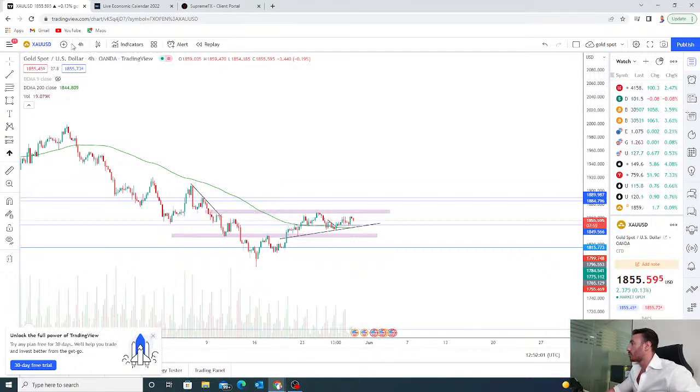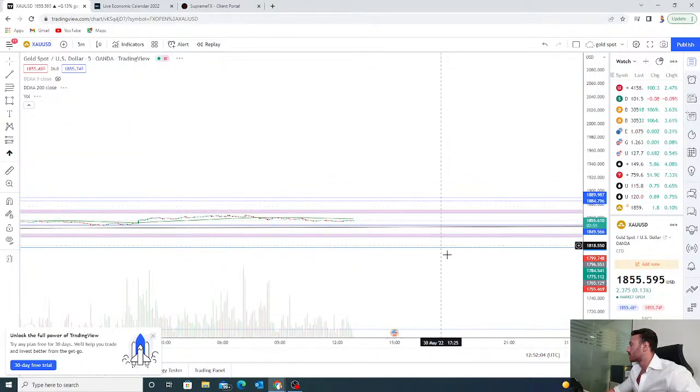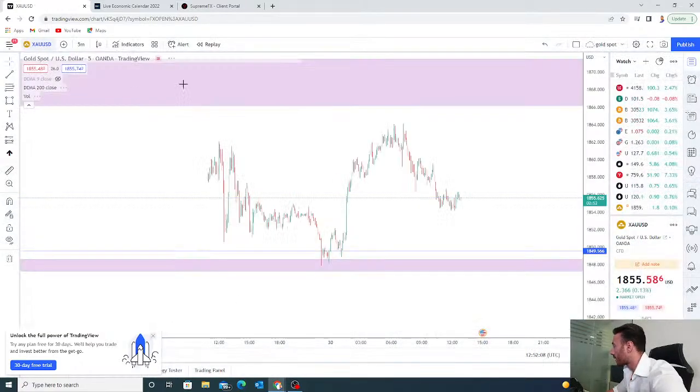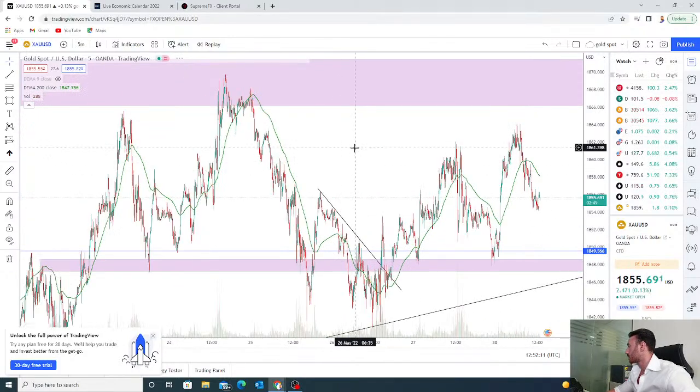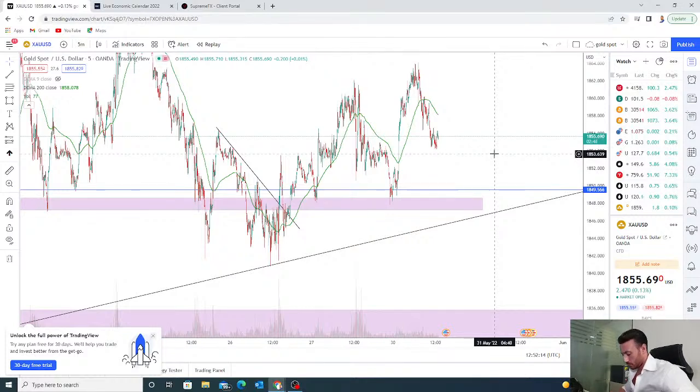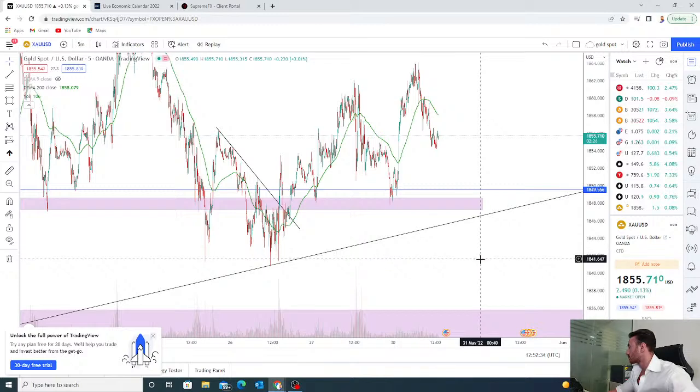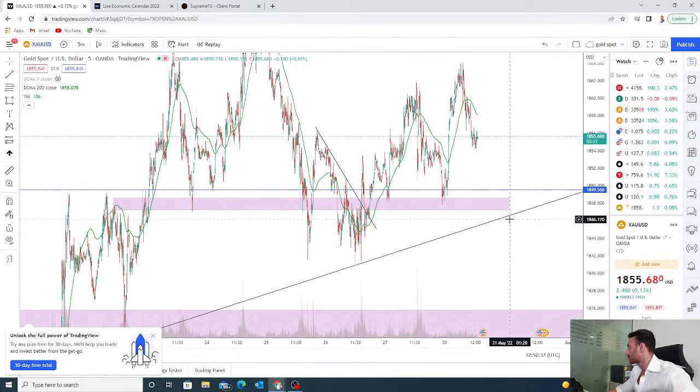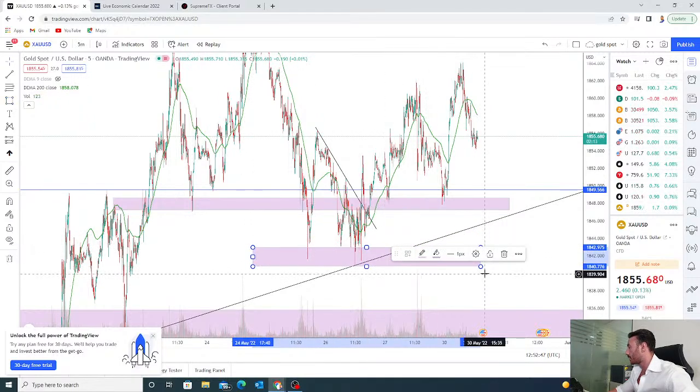So I will go back to my 5-minute chart. And we have here some buying going on as well.